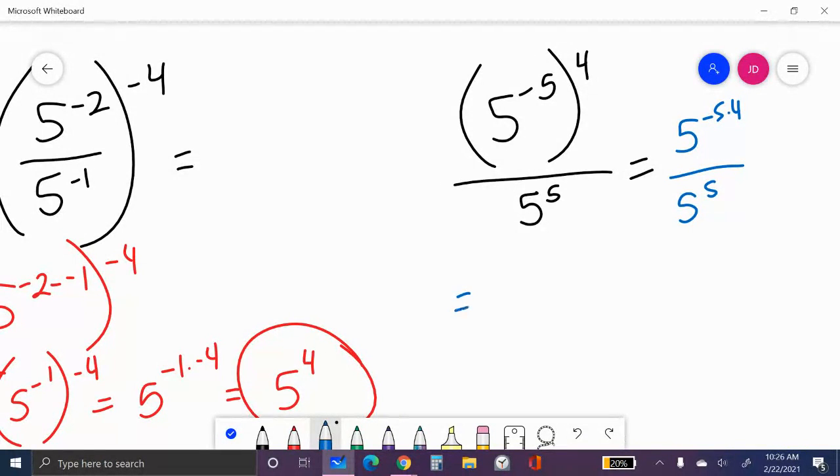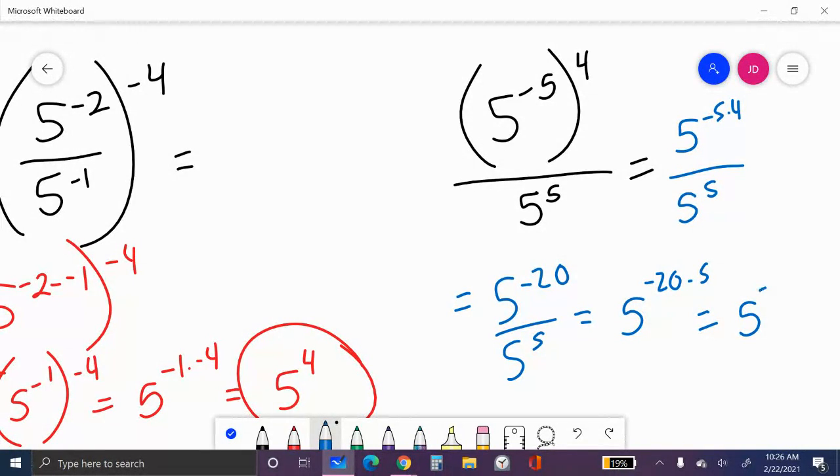All right, and that is equal to 5 to the negative 20th over 5 to the 5th, which is 5 to the, you have the same base, and you subtract the exponents. So be careful. 5 to the negative 20th minus 5, which is 5 to the negative 25th.